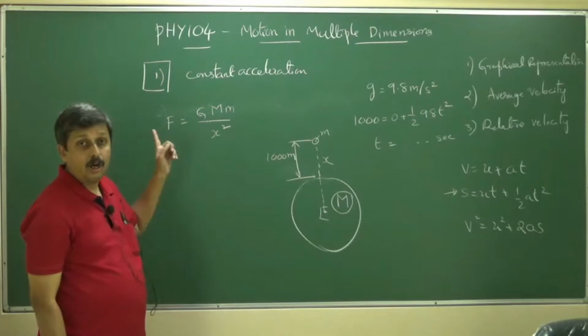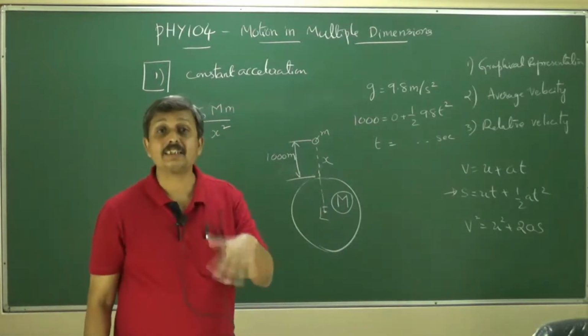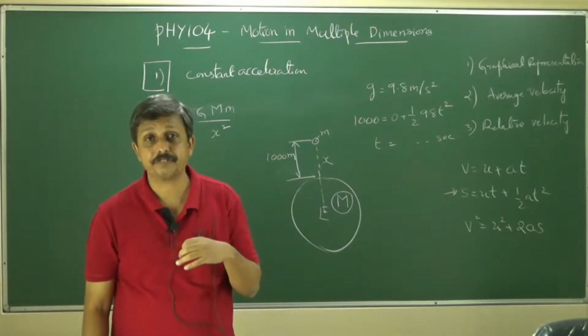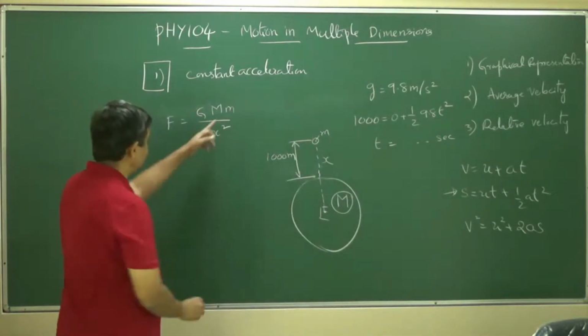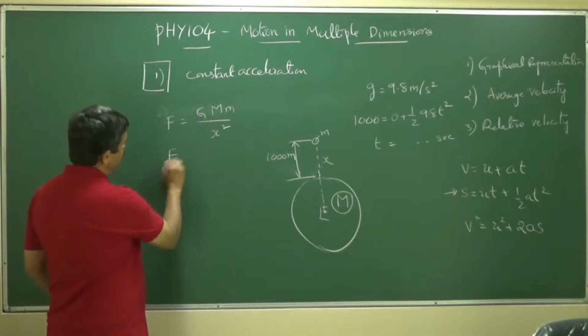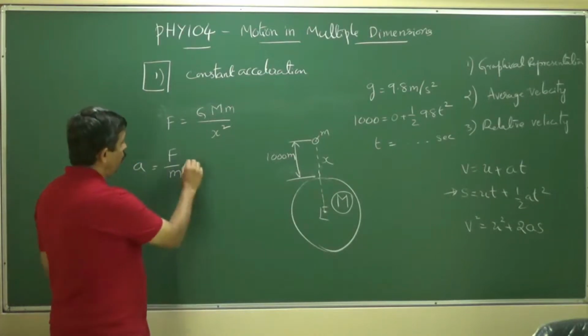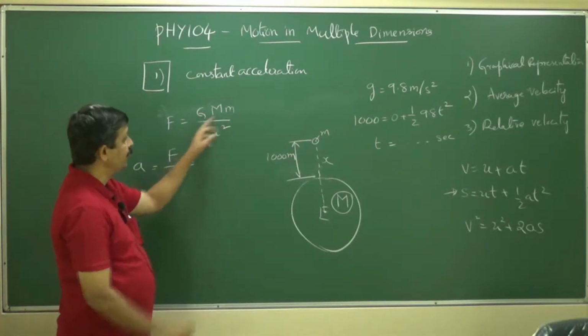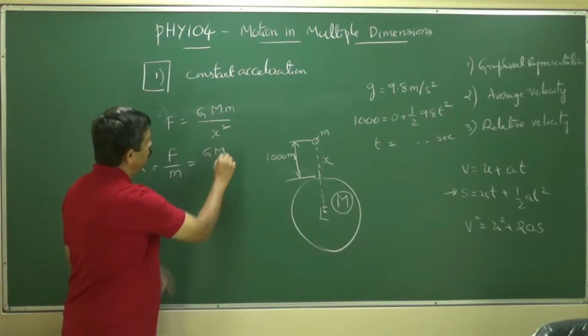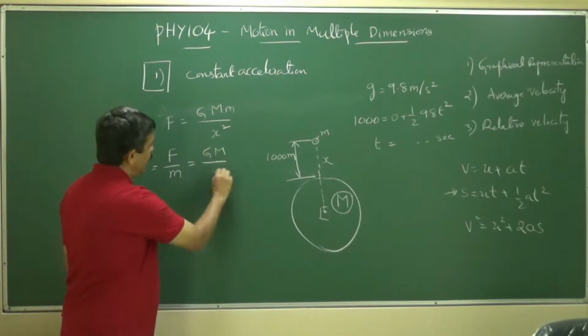Now, force divided by mass is the acceleration, so the acceleration is F by m. So G into capital M, the small m goes away, divided by x square.